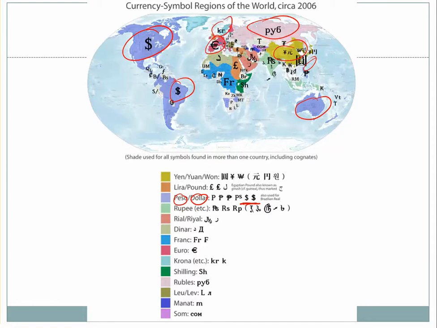Here are some krone: Norwegian kroner, Danish kroner, Swedish kroner. Got the Swiss franc, it's independent. Got the British pound, South African rand, Indian rupee. So these are some of the major currencies in the world and their symbols.